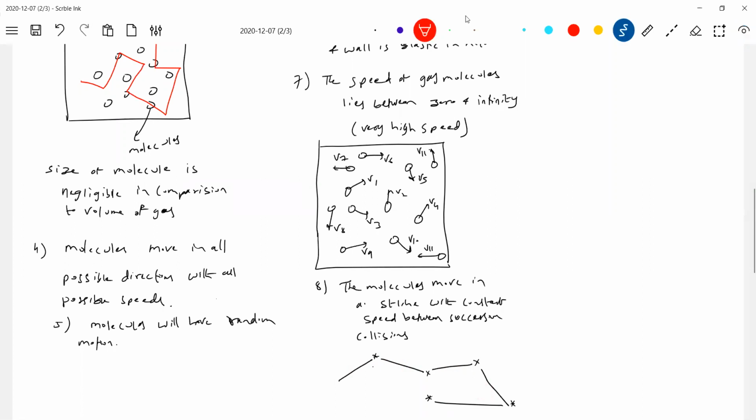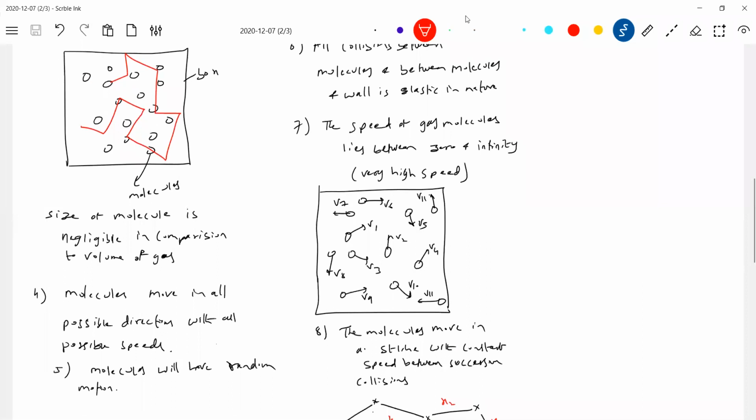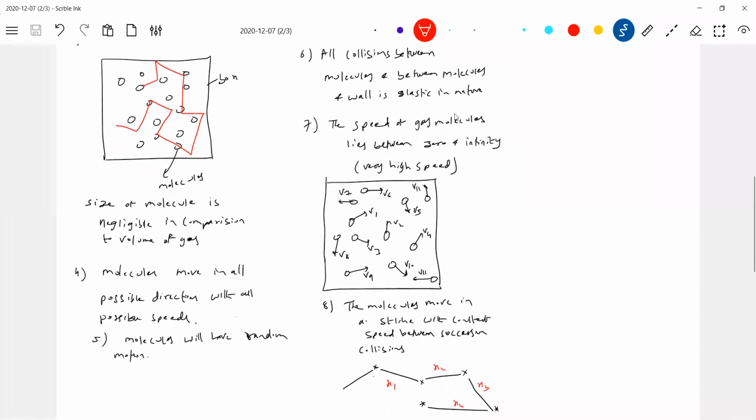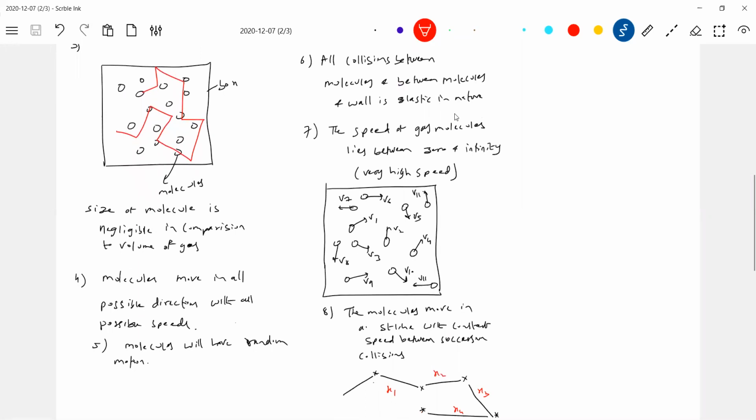So it will cover some distance, no? Here x1. Shall we call x1, x2, x3, x4 free paths? This arrow indicates collisions. Here x1, x2, x3, and x4 are free paths.